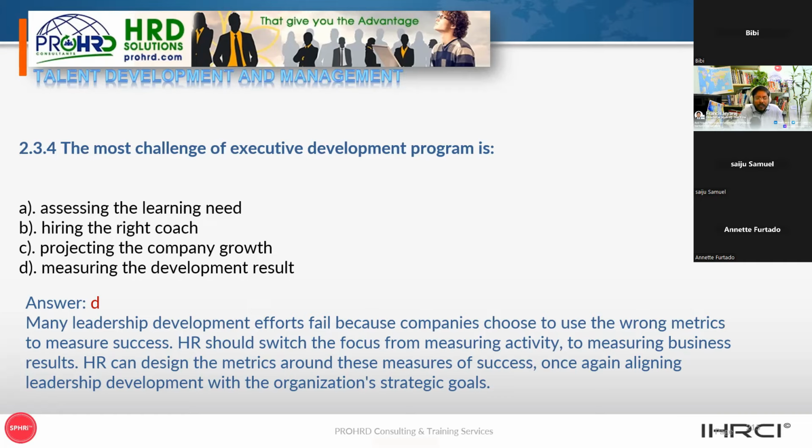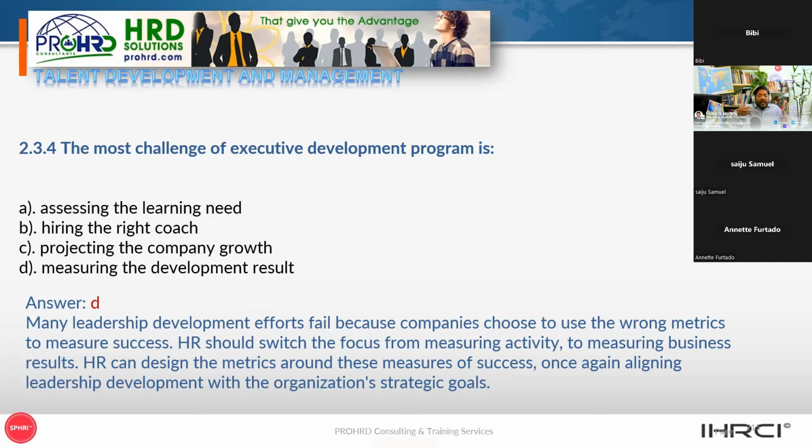So the explanation highlights that leadership development efforts often fail when companies use incorrect metrics to measure success. Instead of focusing solely on activities or inputs, such as the number of training hours, a lot of hours we are spending on this training, that doesn't work.